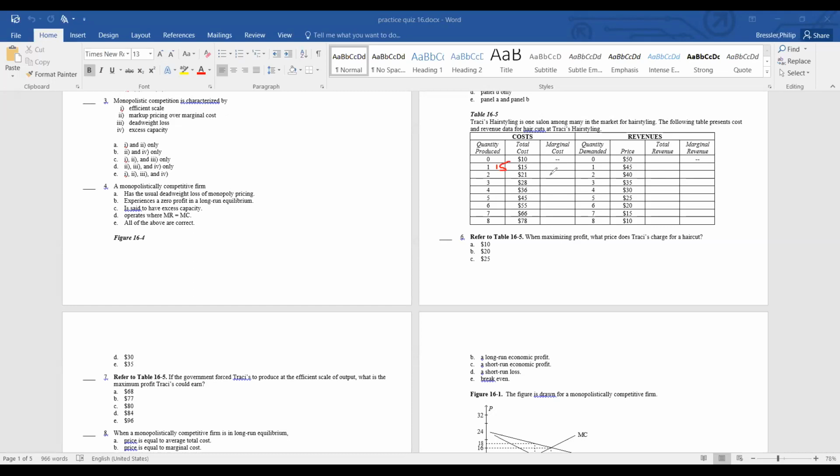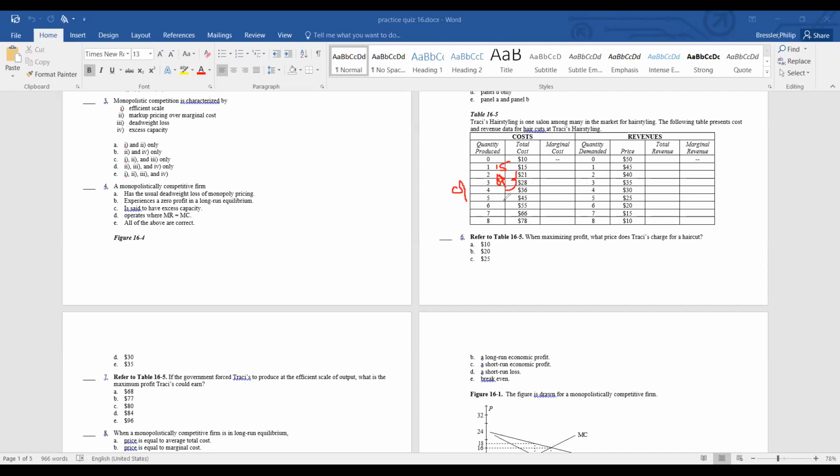The second one is 21 divided by 2, that's like 10.5. I'm going to estimate some of these. The third one is 28 divided by 3, that's like 9.3. I'm in the 9s. The fourth one is 36 divided by 4, so 9. So far, that's the lowest.